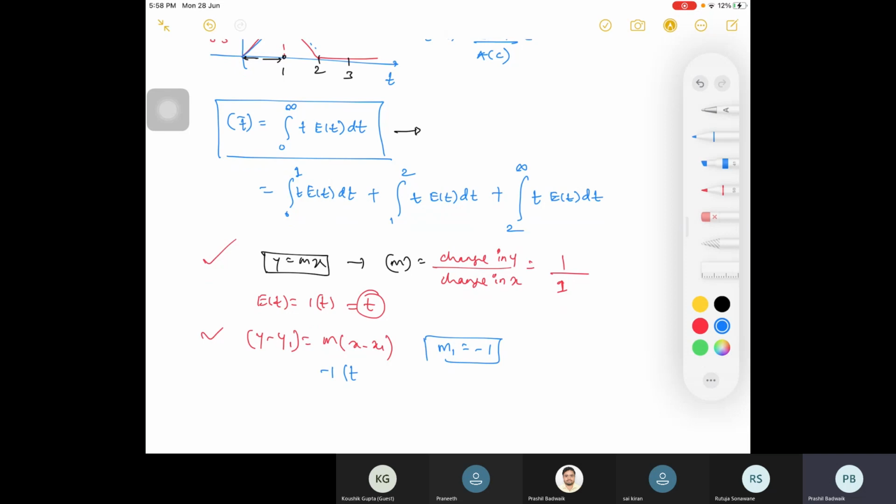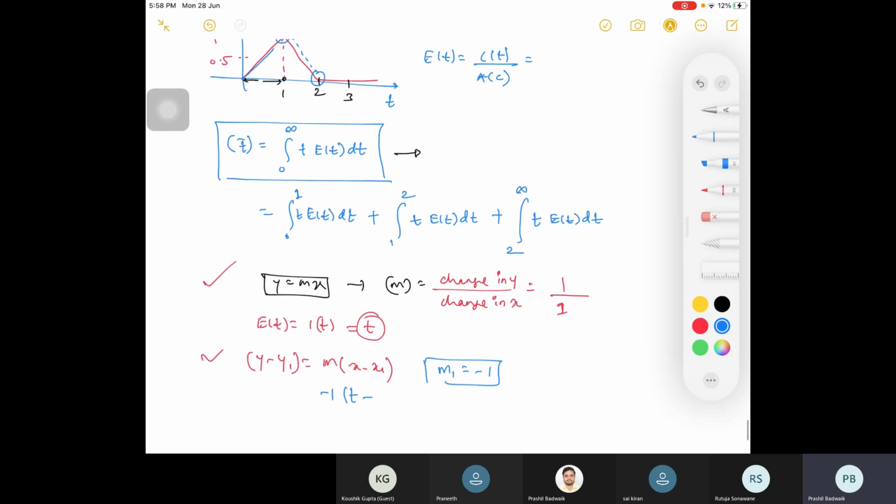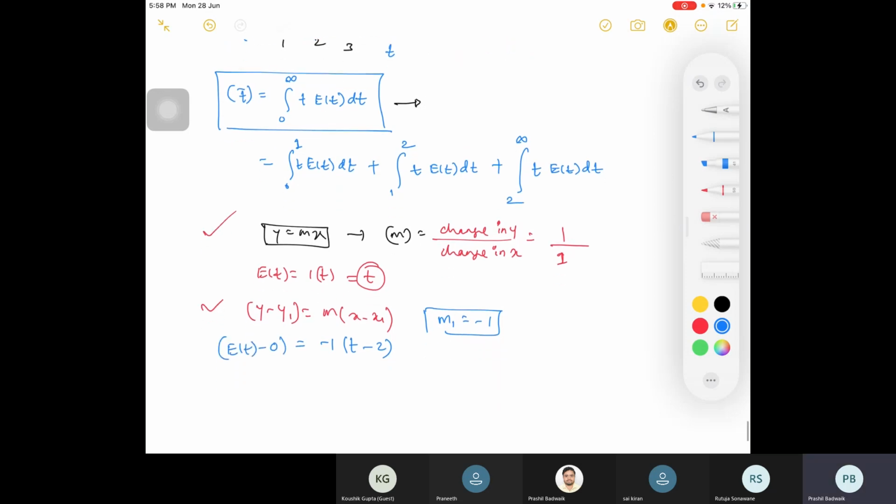What is x1? Any point you can take, right? You can take this point or you can take this point. So easier will be to choose the point on the x-axis. So you'll be having t minus 2 here, minus 1, and y minus E(t), so E(t) minus 0. So E(t) is your 2 minus t.